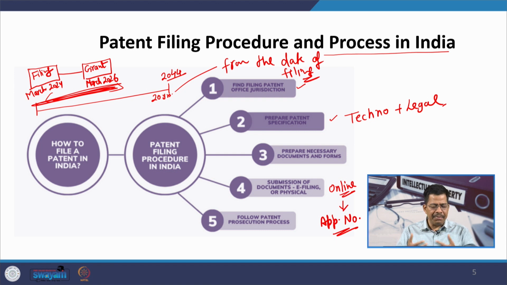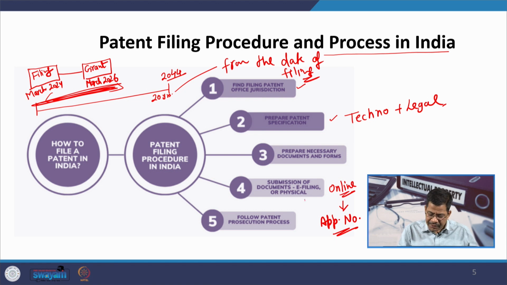If somebody is trying to steal your technology, you can sue him in court once your patent is granted. That is the benefit of granting, because the date of filing protects your innovation. The exclusive rights come when you are granted the patent. That is the difference between filing and granting.